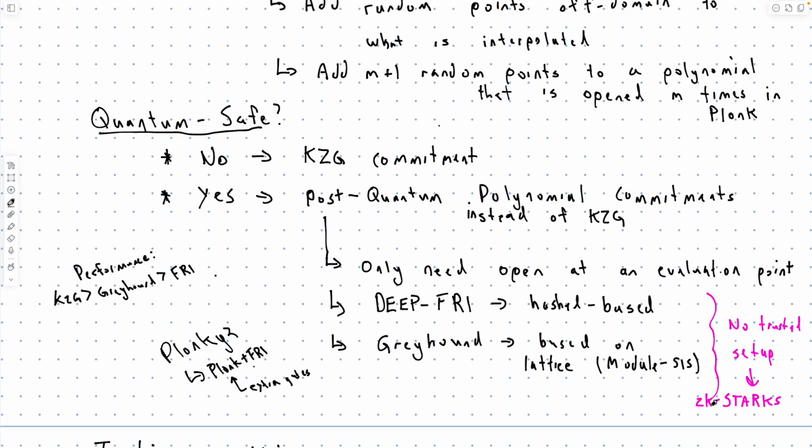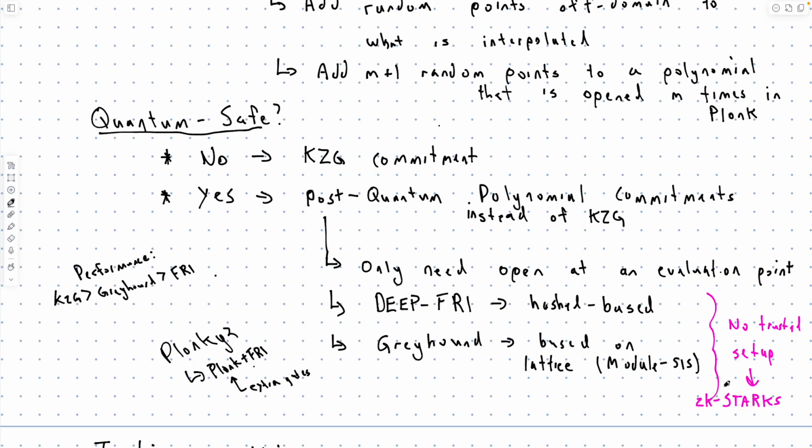And so sometimes we call them STARKs instead of SNARKs, where the T stands for transparent. And that's just a hat tip to the idea that there's no trusted setup. So if you see STARKs as a term, usually it strictly means there's no trusted setup, but normally it means there's no trusted setup and it's post-quantum as well.